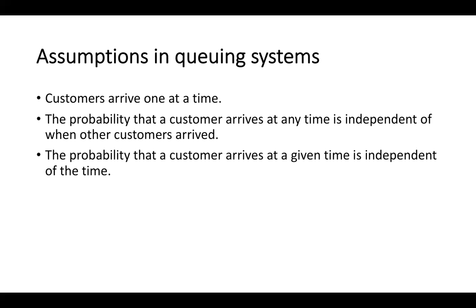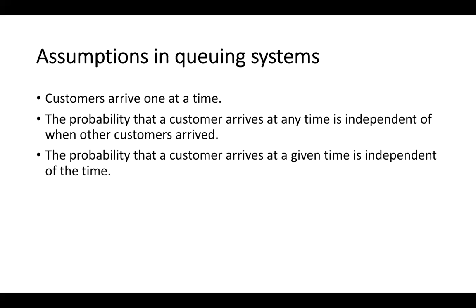The first assumption is that customers or patients arrive to the system one by one. They arrive one at a time; they don't arrive in groups. And that's not a very irrational assumption to make for a healthcare unit. The other one is that the arrivals of these patients are independent from each other.